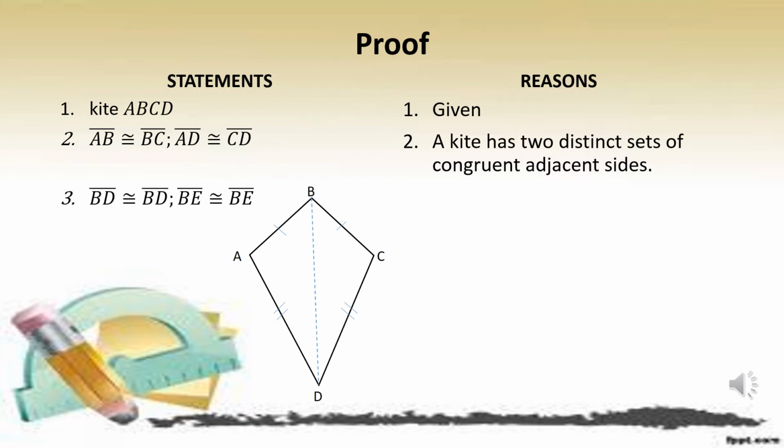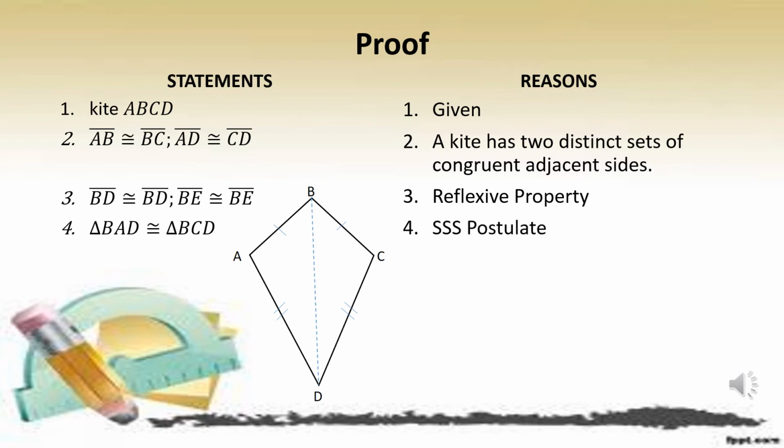The third statement, segment BD is congruent to segment BD, and segment BE is congruent to segment BE, and that is the reflexive property. Next statement, triangle BAD is congruent to triangle BCD, and that is the SSS postulate. That is taken from the first three statements.